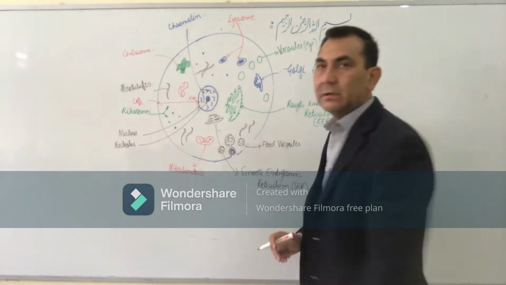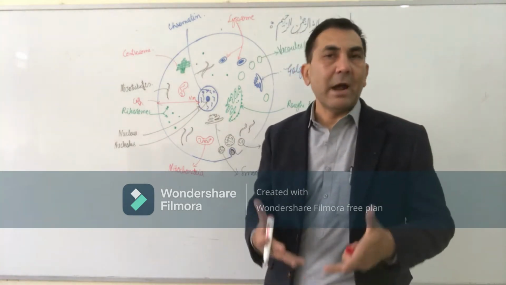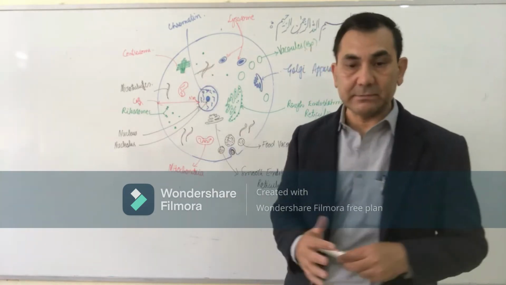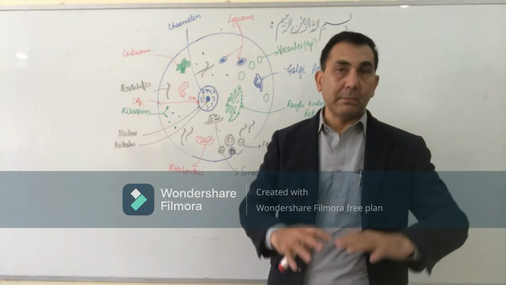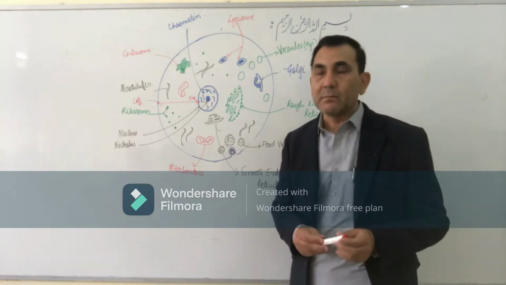All the semi-liquid gel-type material and matrix inside the cell is called the cytoplasm, and it is enclosed by the cell membrane, which is called the plasma membrane.